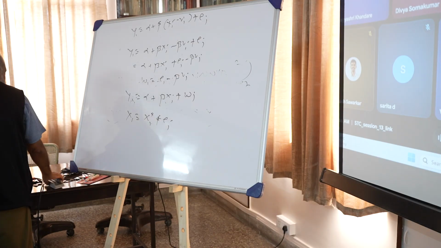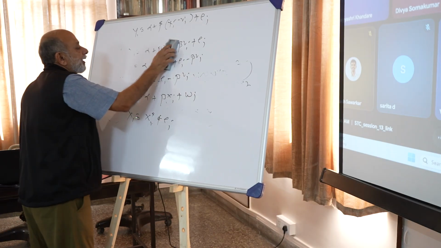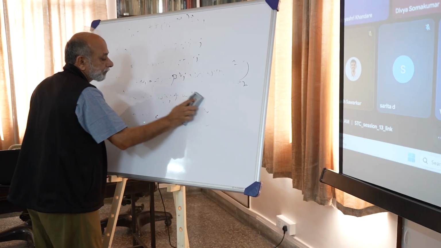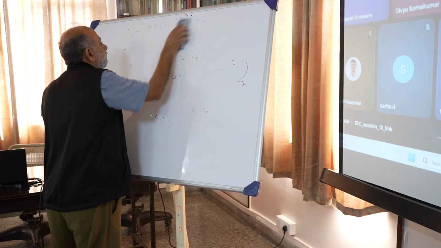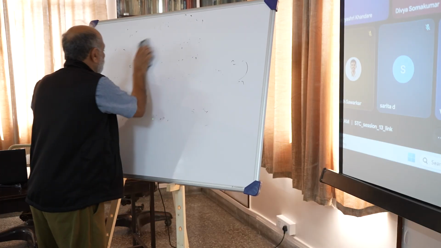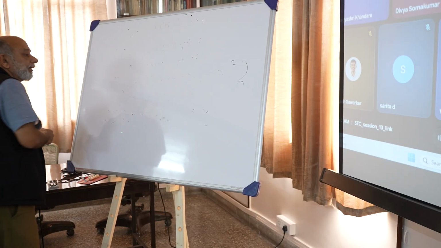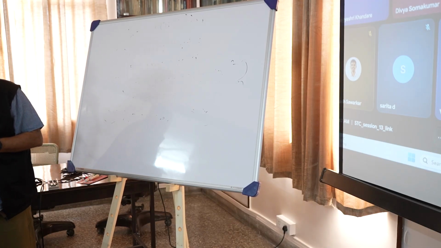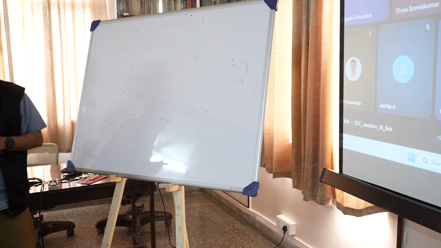And the third, of course, is the endogeneity, classic endogeneity. Think of a market. Think of a demand curve and a supply curve in the market.